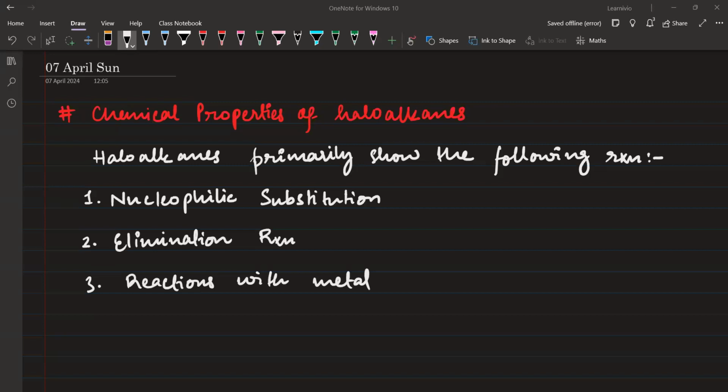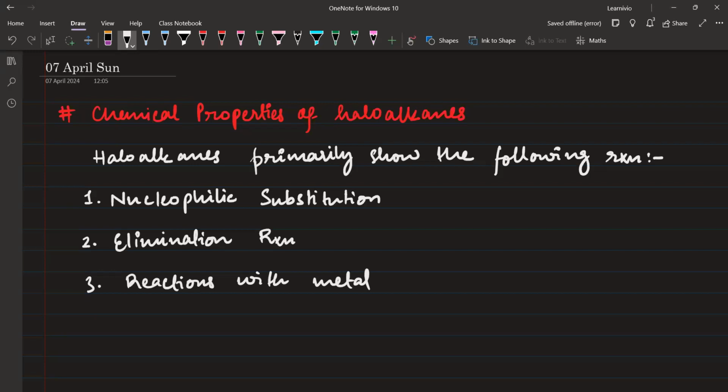These are the three types of reactions that we have to study. Nucleophilic substitution is the major portion in haloalkanes and haloarenes, and that is the longest portion also. After that, elimination reaction is just one reaction. The reaction with metal is just 2-3 reactions. The majority of the part that we are going to deal with is nucleophilic substitution. We are also going to learn about mechanism.